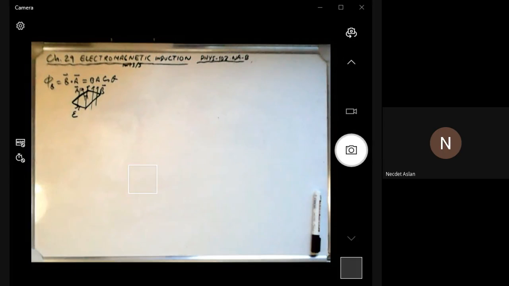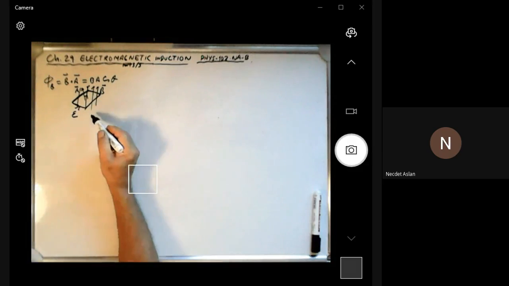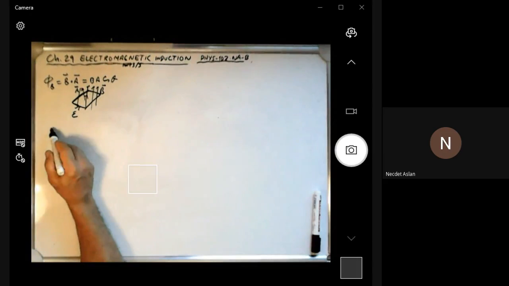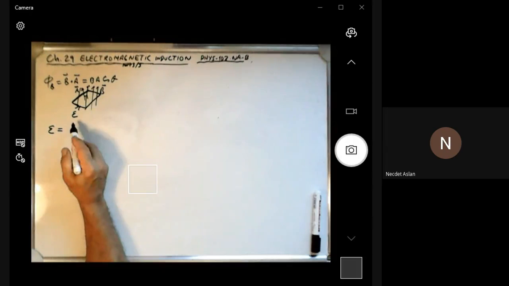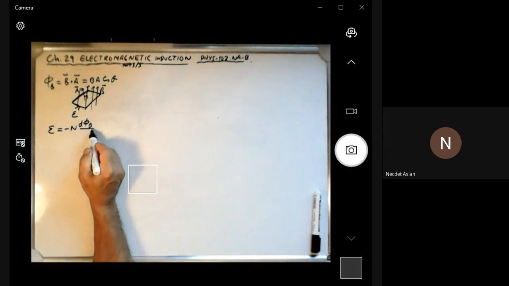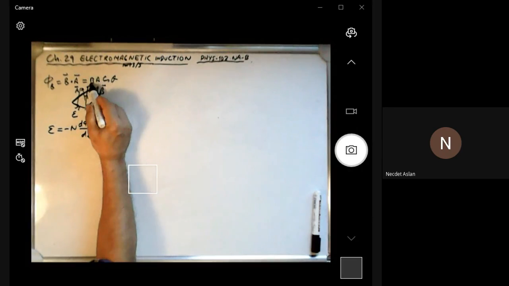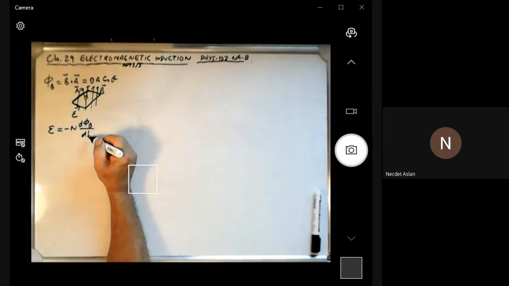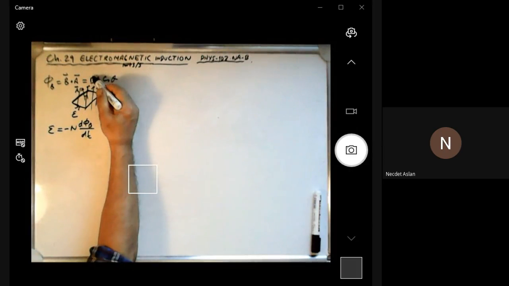So this EMF, or the potential difference at the tips of this coil, is due to the change in the magnetic flux. We have seen that epsilon is minus n times d phi B over dt, with phi B being BA cosine theta. As you see, for the magnetic flux to change in time, any one of these can give this contribution.